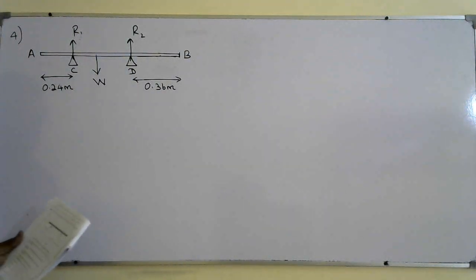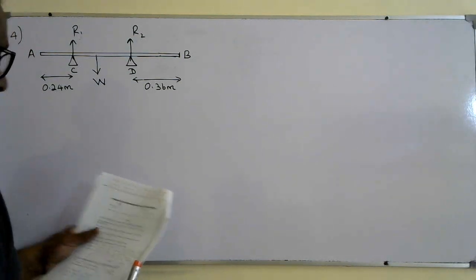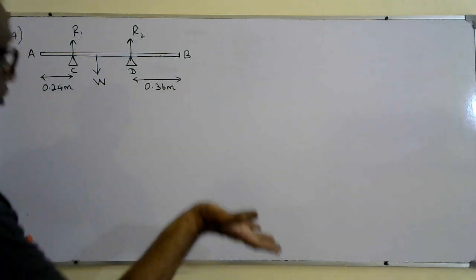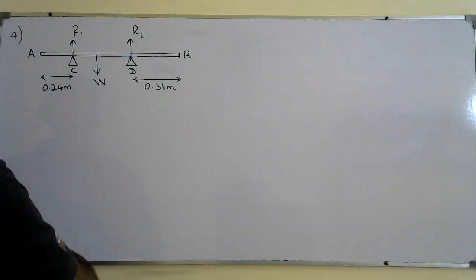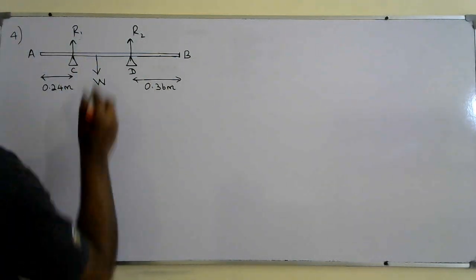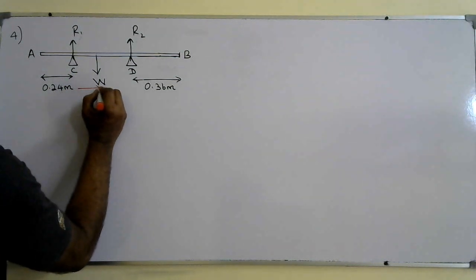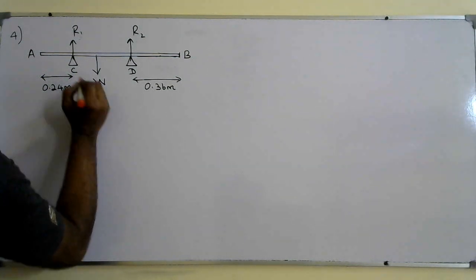They are saying the distance from point C to the center of mass of the rod is x. They don't say it's on the right of C. That's the reason I did this explanation. It could be on the left of C, but it can't be, as I already showed. So let this distance be x.